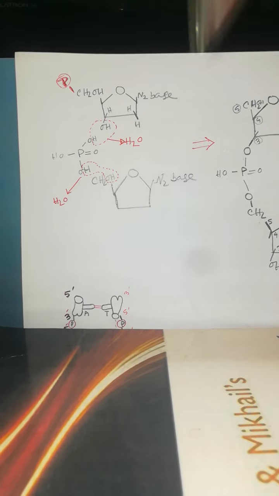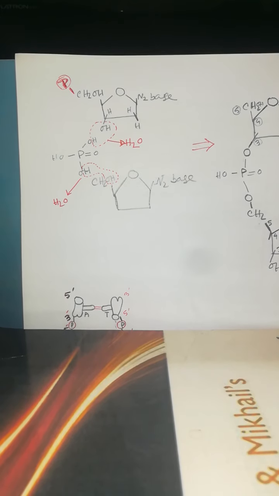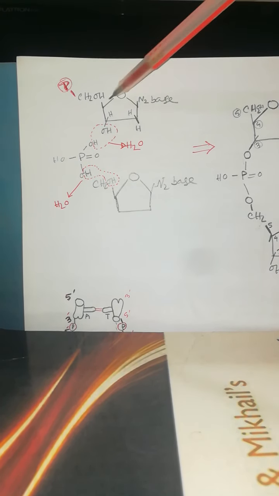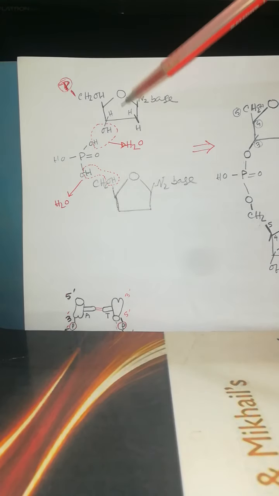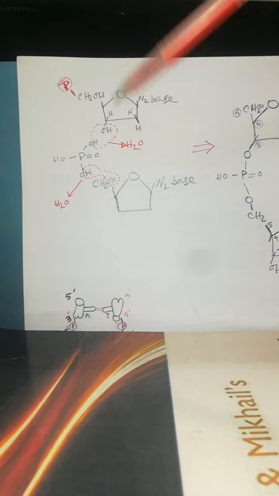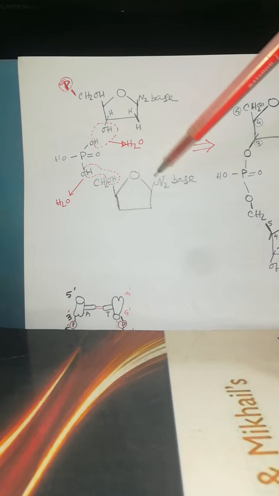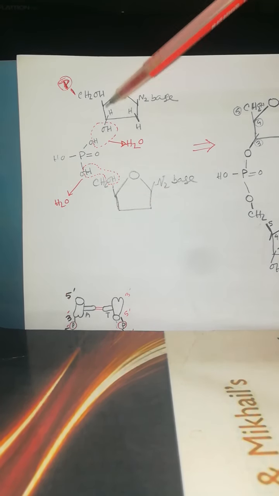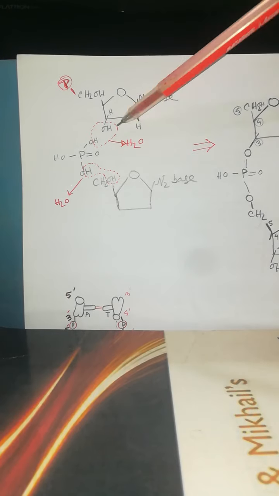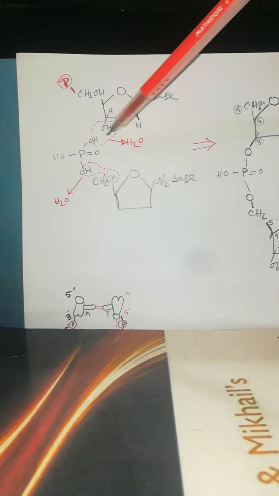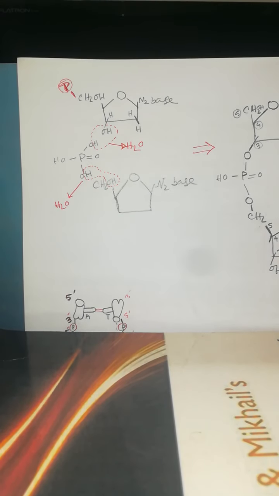It's called a nucleotide. Now, if we make a bond between two nucleotides, here one nucleotide and another nucleotide, we get a bond called an ester bond.